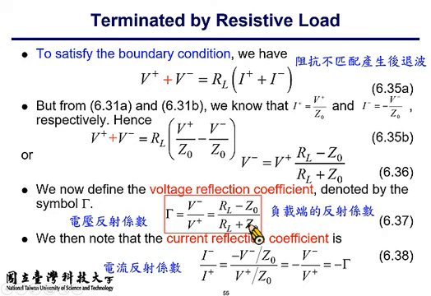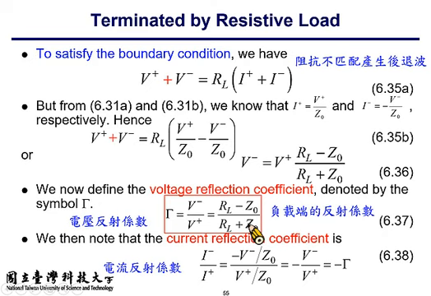Okay, so short circuit and open circuit do not absorb energy. All the incident energy gets reflected back, but the reflection coefficient has a sign difference. For an open circuit, the reflection coefficient is +1, and for a short circuit, the reflection coefficient is -1.